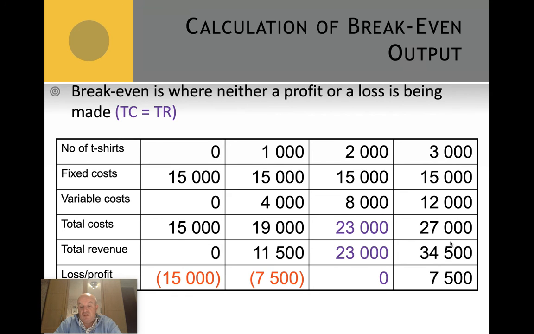So when we take away our total cost from our total revenue, you can see that at 3,000 units, at the prices we've just talked about, we're going to make £7,500 worth of profit. So, losses at 0 units and 1,000 units. We break even at 2,000 units. Anything over and above 2,000, we achieve profit. And at 3,000 units, we make £7,500 worth of profit.